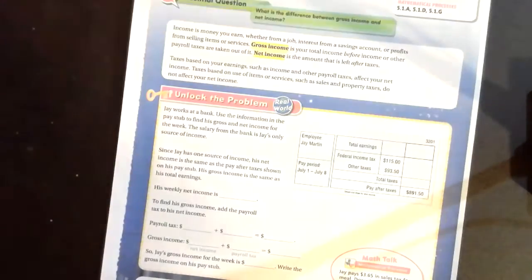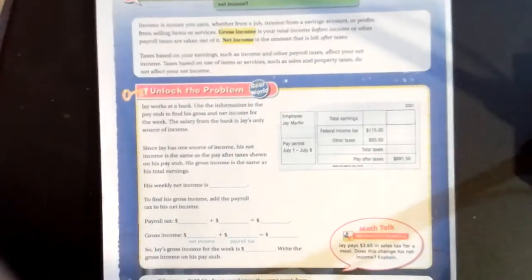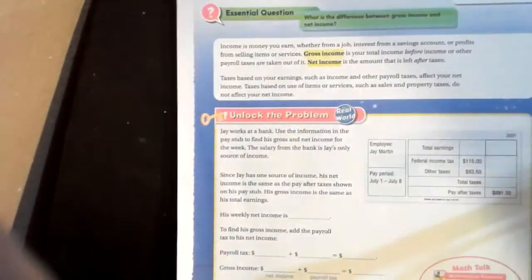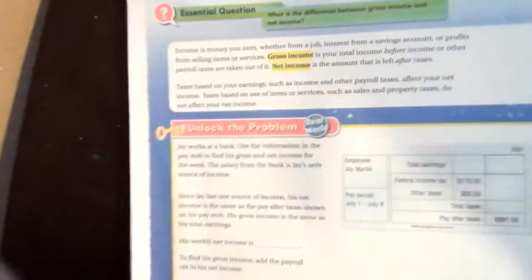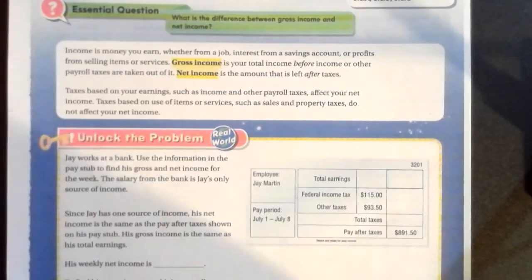All right, I'm going to move my notebook out of the way, and we are going to unlock the problem. So you're just watching, all right? We're just going to talk for a moment, and you're just going to watch and make sure you're understanding it before you try any problems. All right.